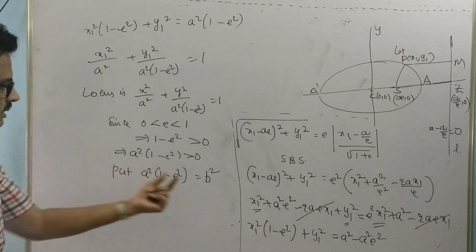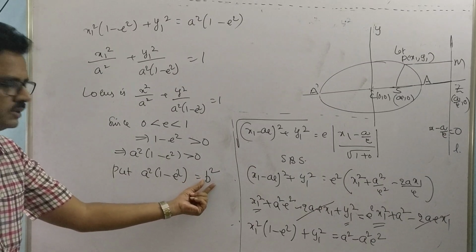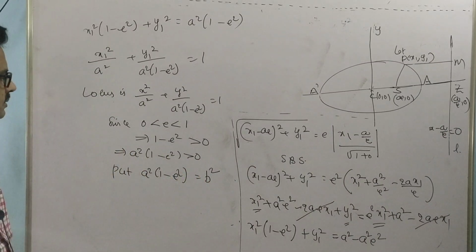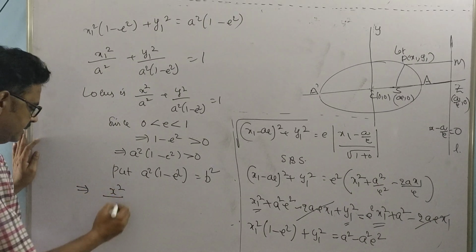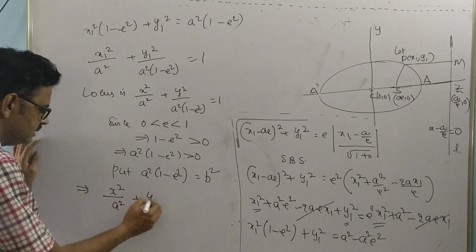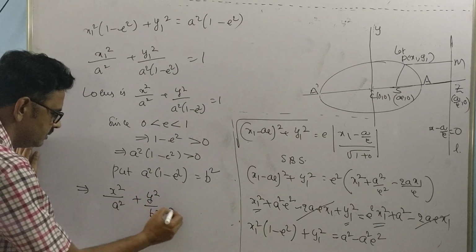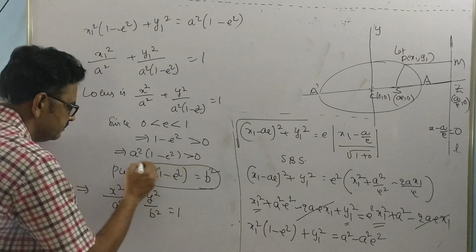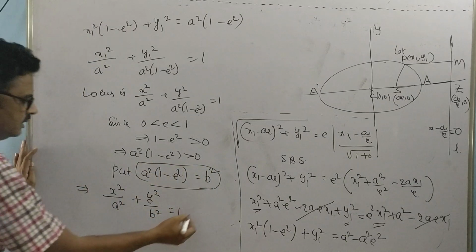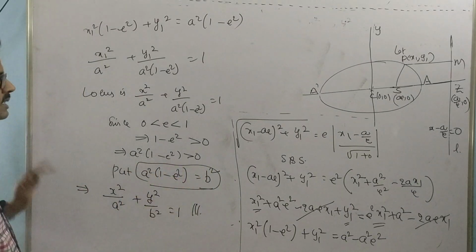B square, for any value of b, is always positive. So this is also positive. Therefore, it implies x square by a square plus y square by b square equal to 1, where b square is this one. So this is the standard form of ellipse equation.